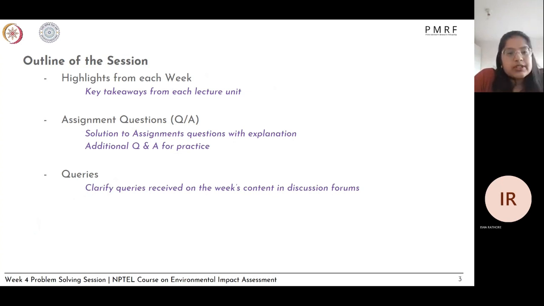The session is divided into sections. We have the highlights from each week, where we talk about the key takeaways or notes from each of the lecture units. Then we have the assignment questions from the previous run of the environmental impact assessment course, and the week 4 assignment solutions, because the deadline for the same has passed.